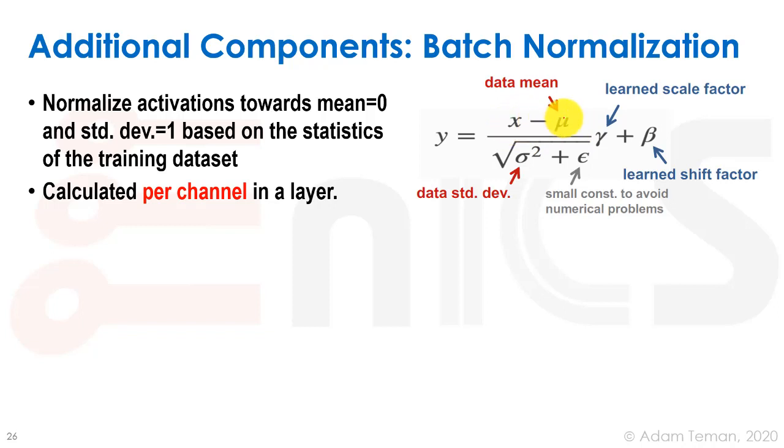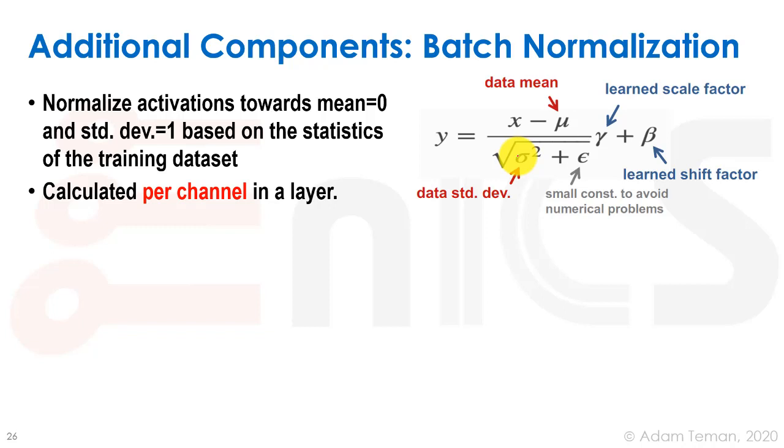So we take our input, we subtract the mean, and we divide it by the standard deviation. We have some sort of a little epsilon here to avoid numerical problems, but we see that when we do that, it will disrupt the output in the end.